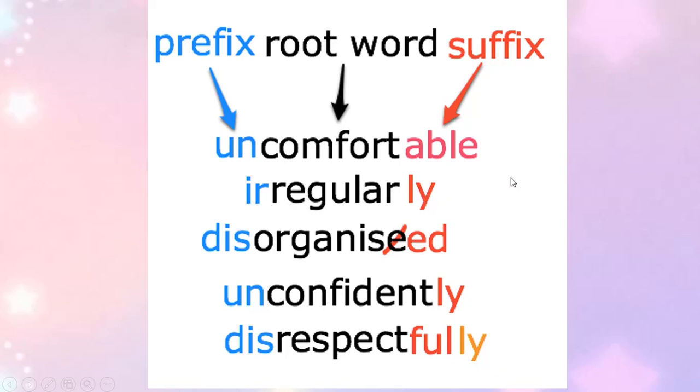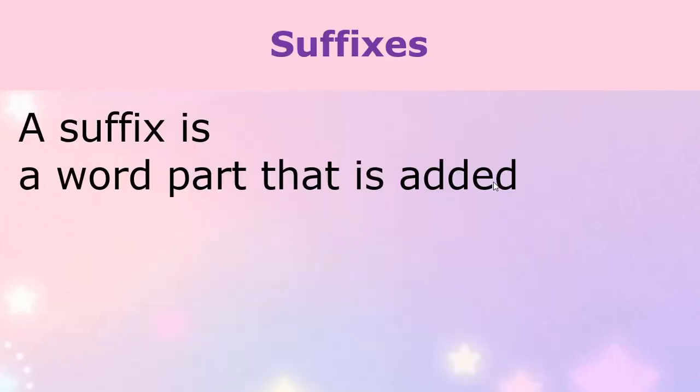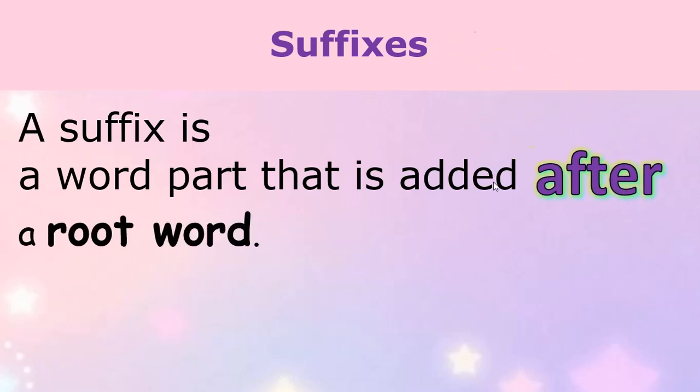So where do we find suffixes? We find them here, after the base word. A suffix is a word part. What is the suffix? A word part that is added where? It's added after a root word or base word.